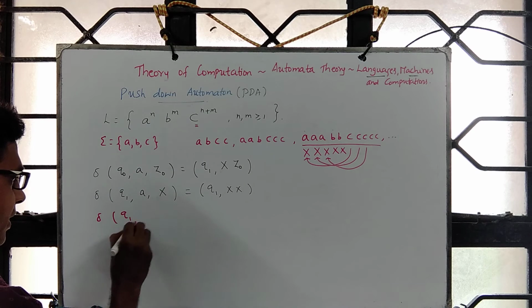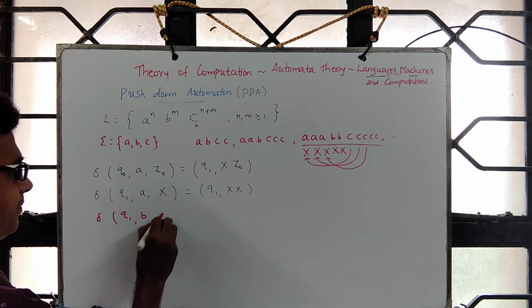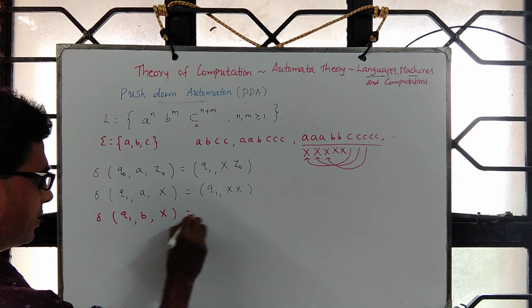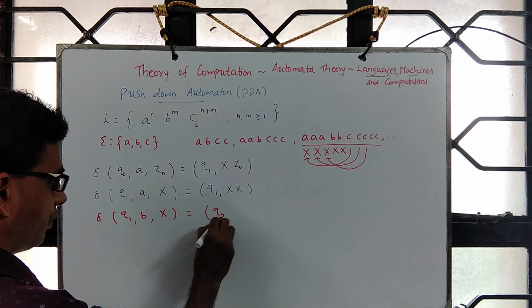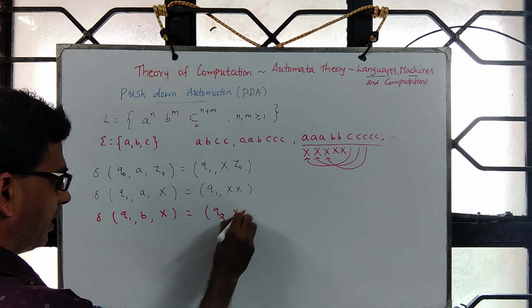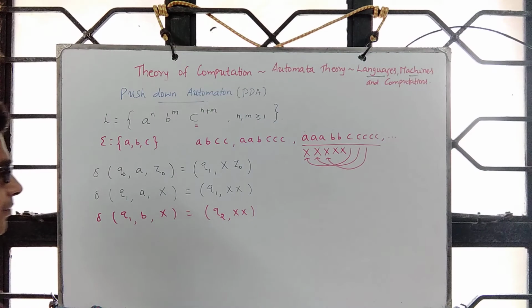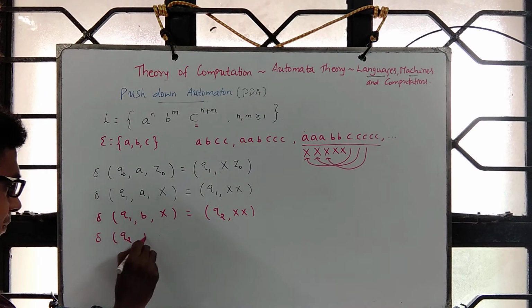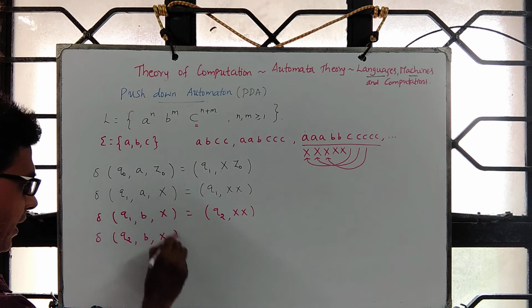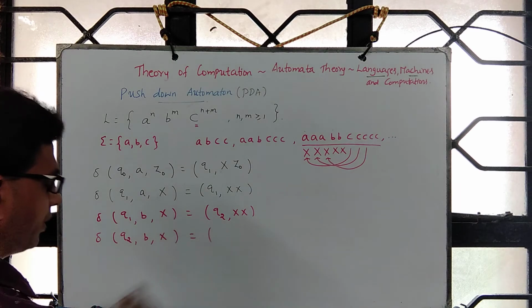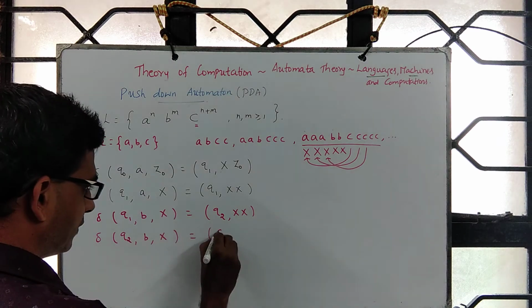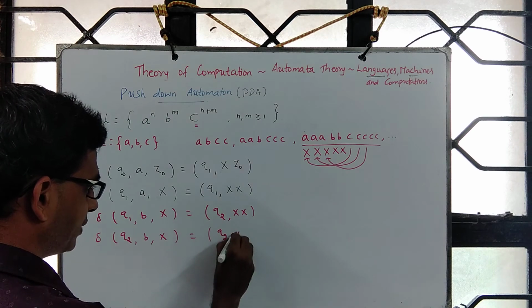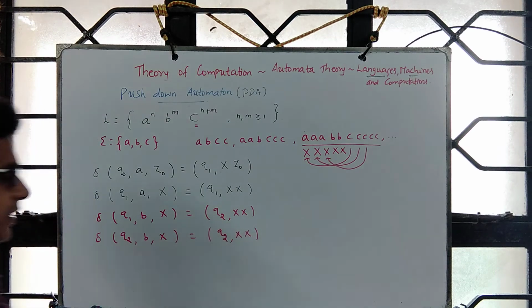Now I am in Q1, I read a B, the top symbol is this, then let me go to Q2 and push X. Now stay at Q2 and read a couple more B's, so which means I get to see something like this.